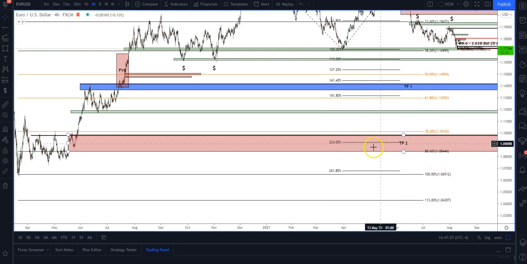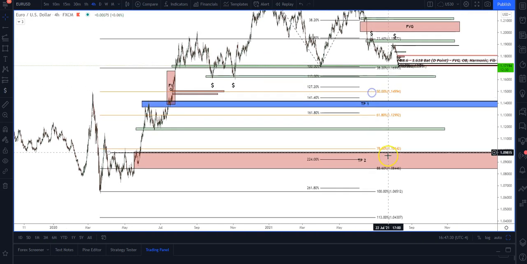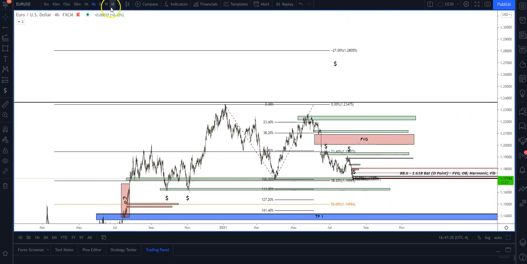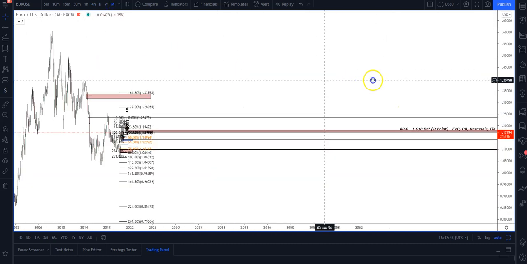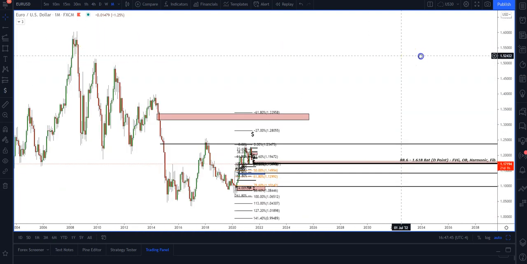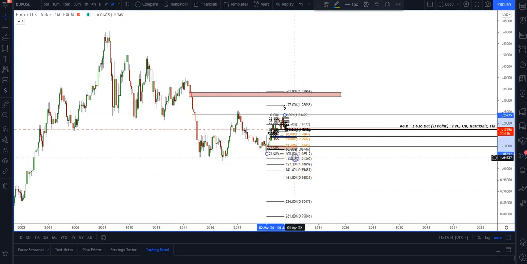All this right here is confluence. And I'm anticipating it to go down there before it shoots up. First TP is right here, and if it crosses down here, we're aiming for down here for it to shoot all the way up and finish this long-term pressure up to this zone. So that's what I'm seeing.